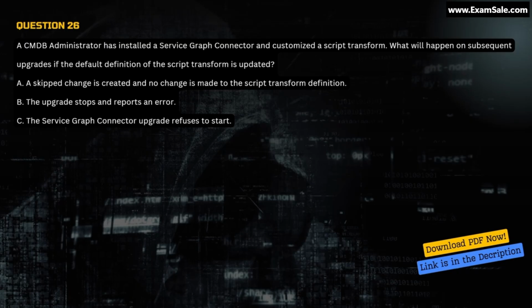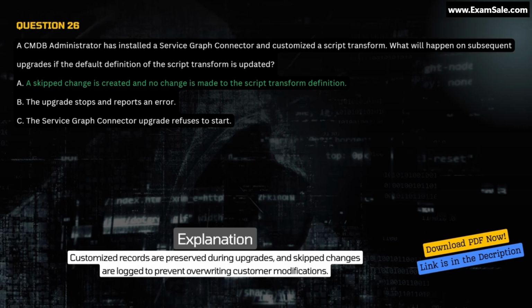C. The Service Graph connector upgrade refuses to start. Correct answer A. A skip change is created and no change is made to the script transform definition. Explanation. Customized records are preserved during upgrades, and skip changes are logged to prevent overriding customer modifications.